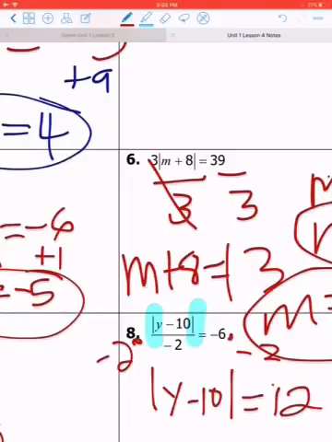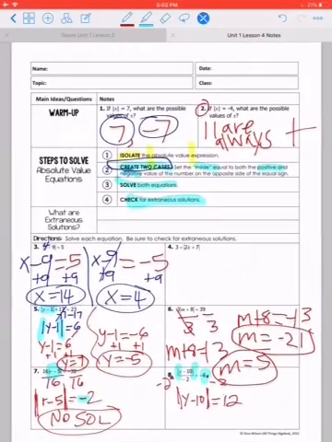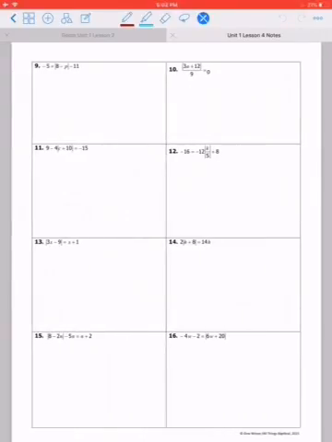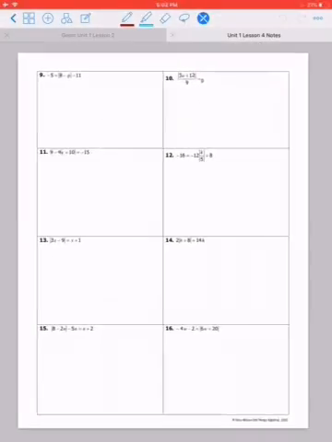You don't have to, but that's an example where even though something on the left equaled a negative, you can't just stop and say no solution. You have to isolate your absolute value first. Okay? Alright, so the next page is just more.